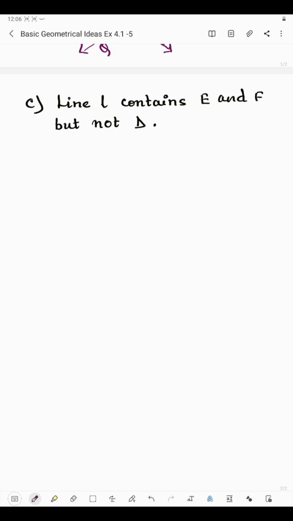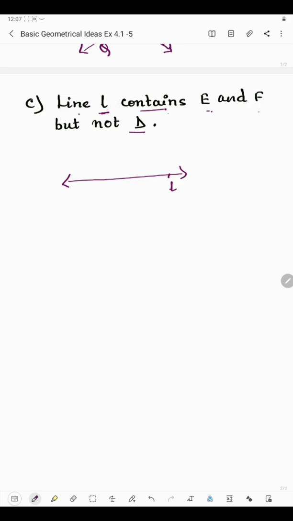Now in the C part we have line L contains E and F but not D. So that means we will have to draw a line which is L which contains E and F. Contains means on that L, E and F points will be there but not D. D will be anywhere outside of the line. Suppose this is a line, say this is L. Okay.